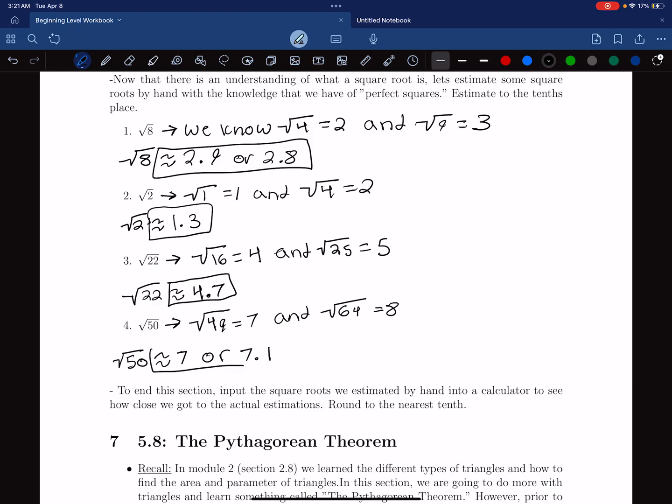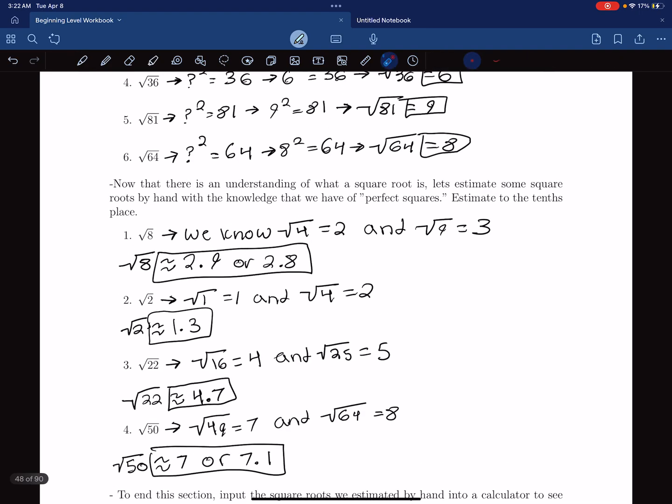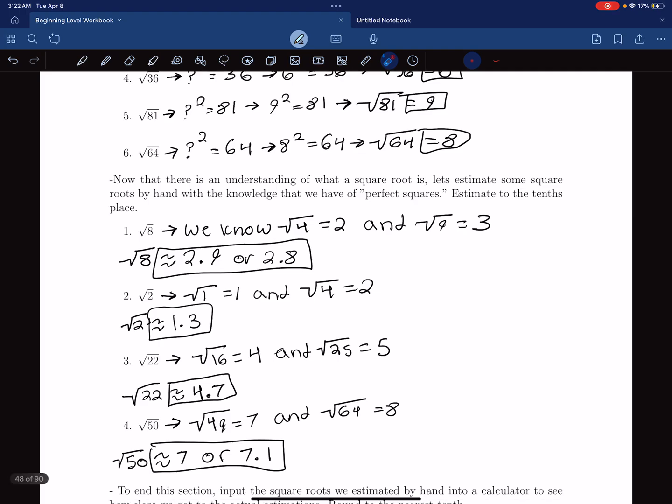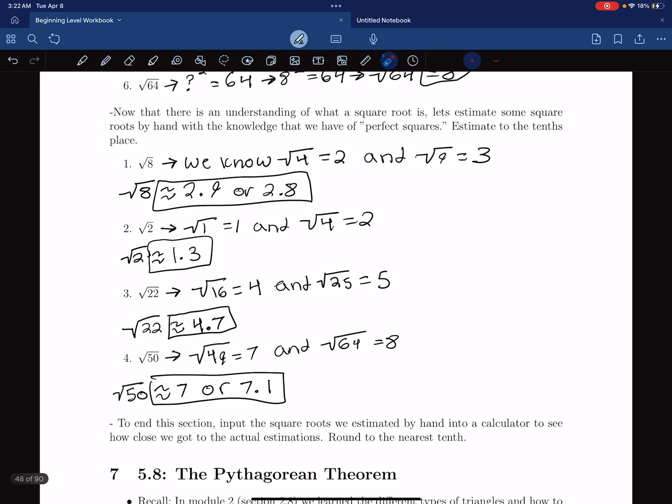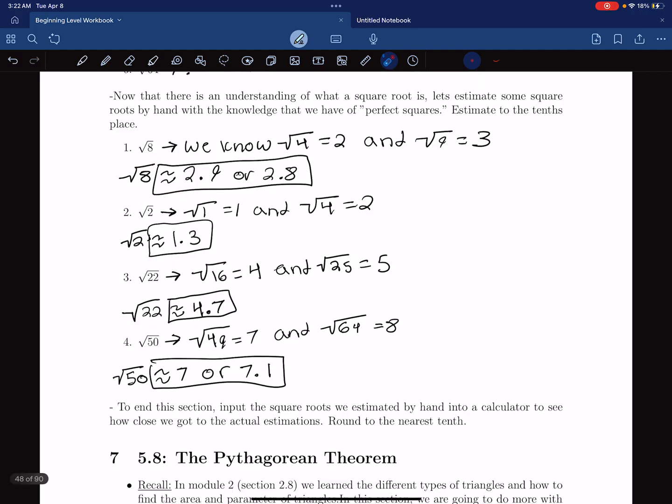The biggest thing here is to understand that you won't always have perfect roots or perfect squares like we did originally, and that all square roots have a value, or all square roots are numbers.